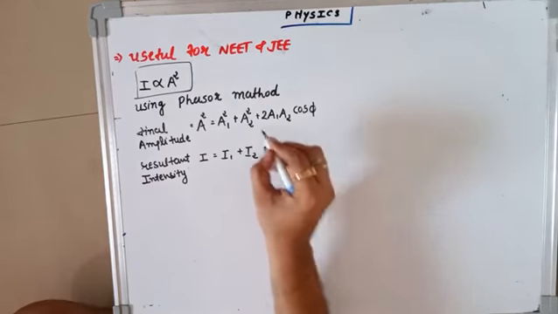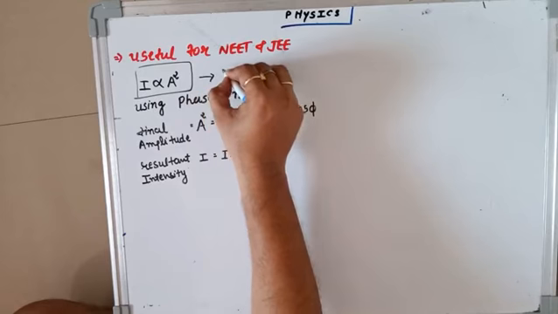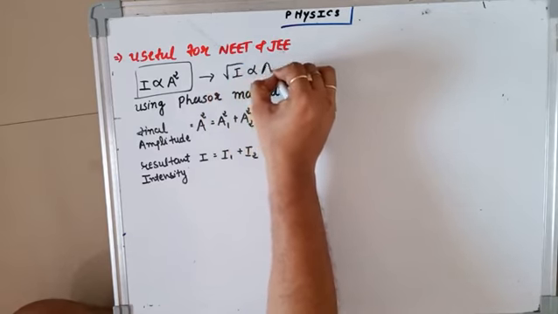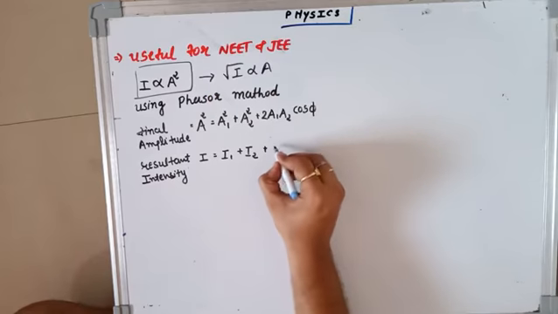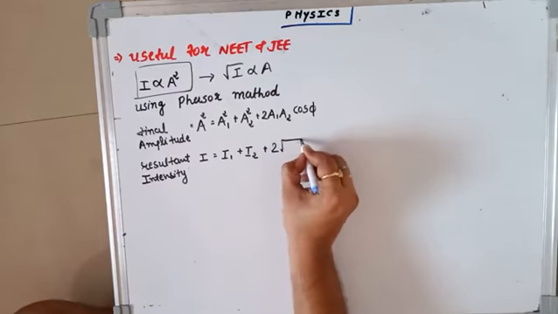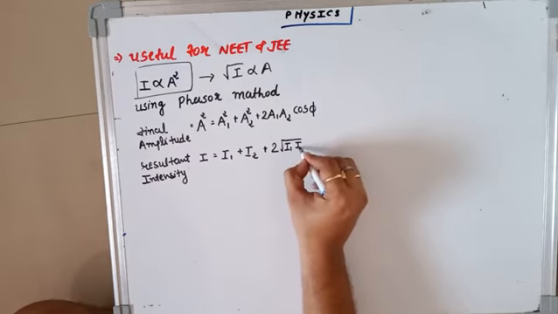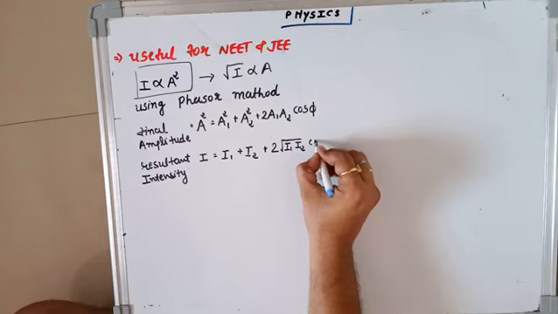Now we can write under root I is proportional to A. So 2 under root I1 times under root I2, take the common under root, and here the cos phi.